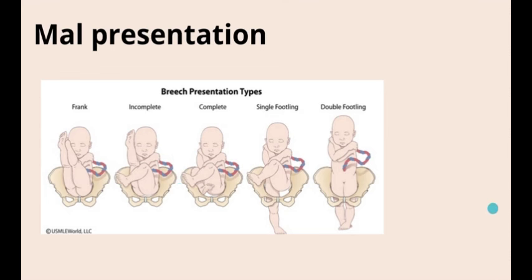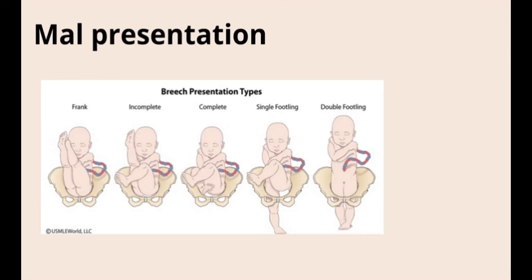So all of these are breech deliveries, and the way to manage breech we'll talk about in a moment, but sometimes in certain kinds of breech they can be delivered vaginally. The most common would be a frank breech, and because of this, the extended legs can actually make a vaginal delivery more challenging. Complete breech over here is very similar with the buttocks leading, and once again a single footling breech is when you have one foot presenting first.